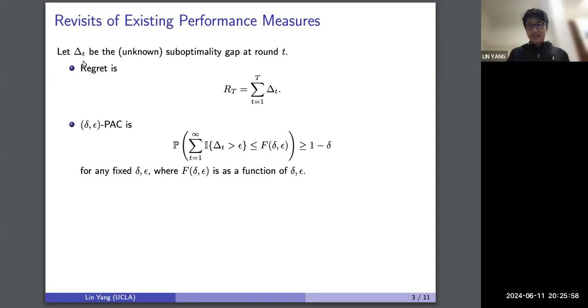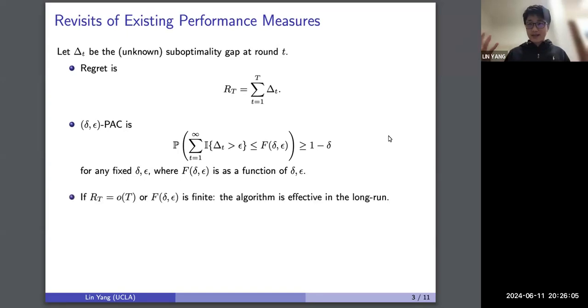If the algorithm is effective, the regret bound is sublinear in T. In that case, the total suboptimality divided by the total number of rounds, that is the average regret, converges to 0. It tells you that the algorithm is getting better and better and is approaching the optimal arm. So in this usual bound, we want the regret bound to be sublinear in T.